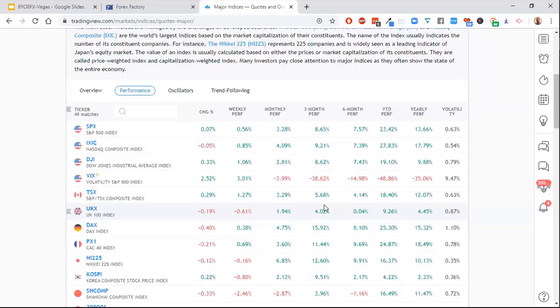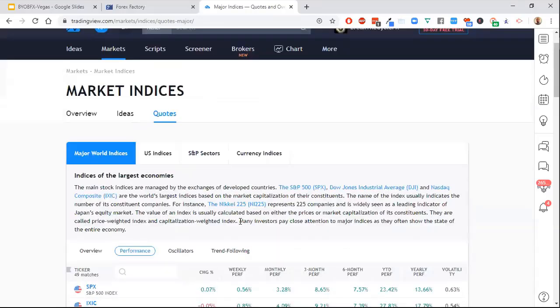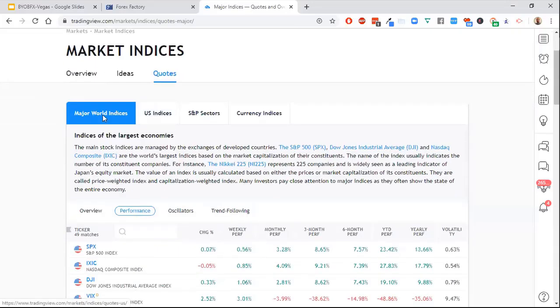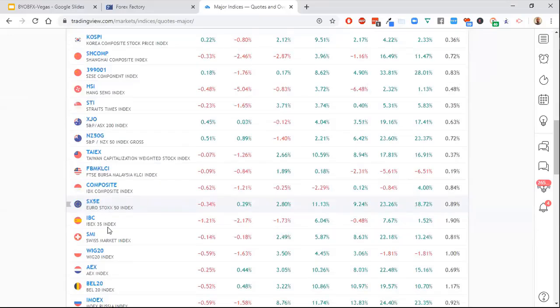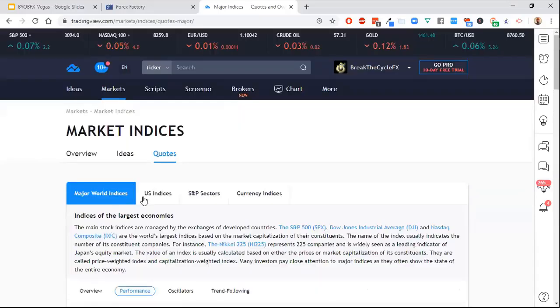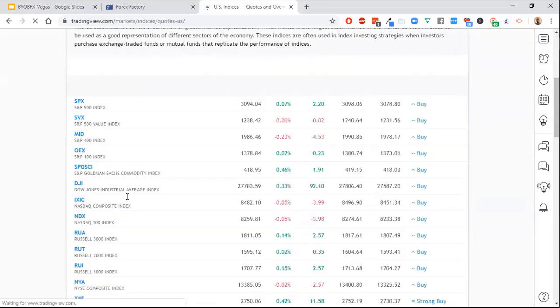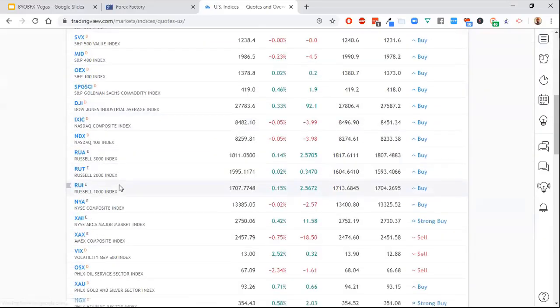And I'm even going to give you the cheat code that I use to catch moves on indices, okay? To give me more confluence and confidence when I'm taking a trade when it comes to indices, okay? Now, these are all indices around the whole world, okay? So if you want to look at just the US-based indices, just click on US indices, and here we go, okay?